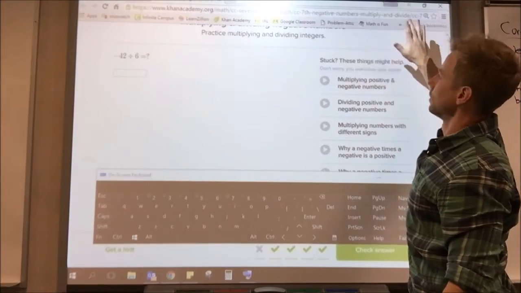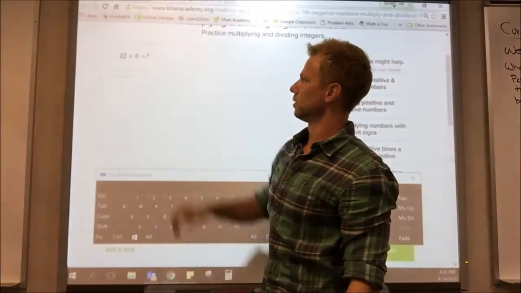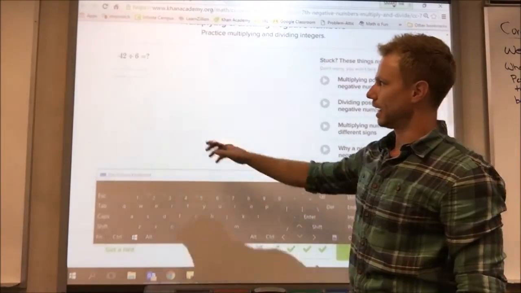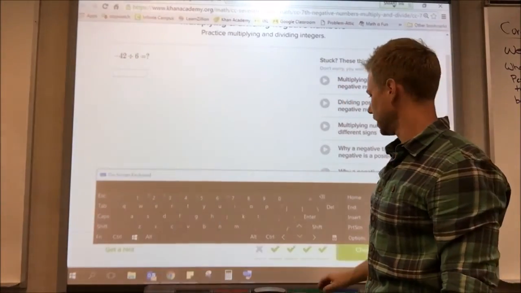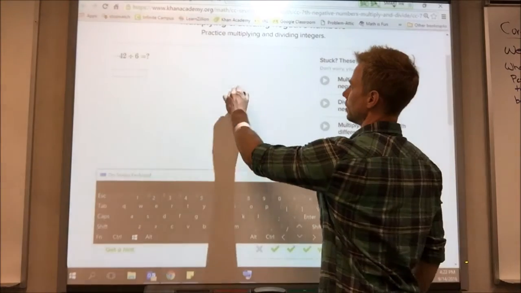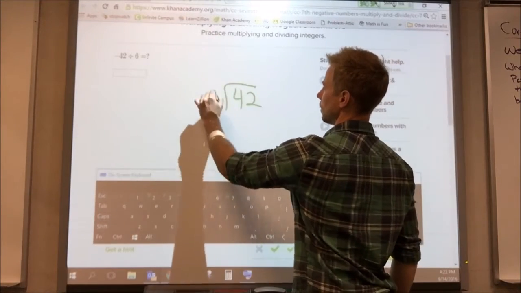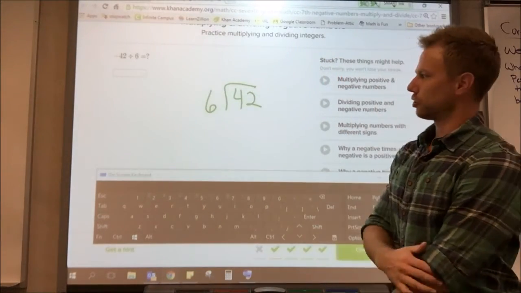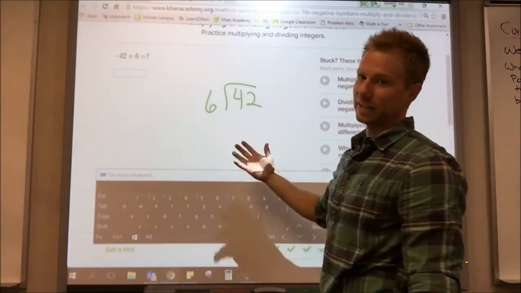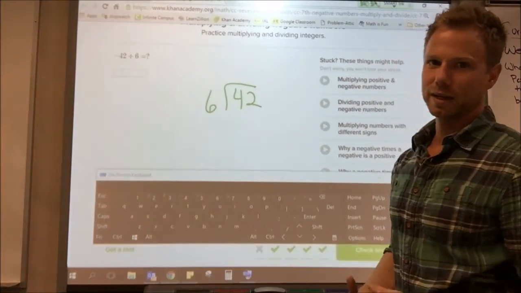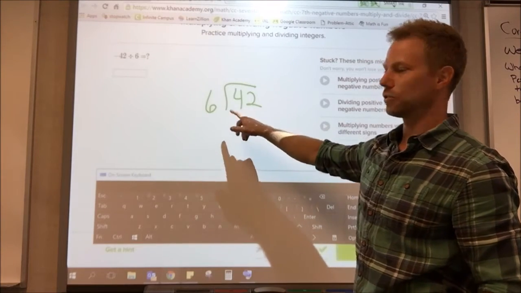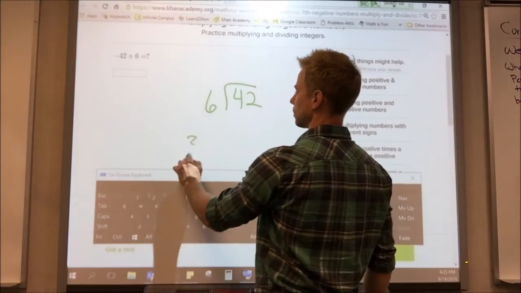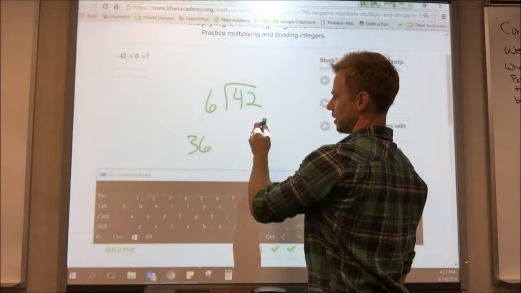Good. Here we have 42 divided by 6. Again, we have a negative and a positive. They're unlike, so it's going to become negative. Then I have to divide 42 by 6. If I'm not sure, I can take a guess and then keep adding multiples. So I think it might be somewhere around 6. Well, I know 6 times 6 is 36, but that's not enough.